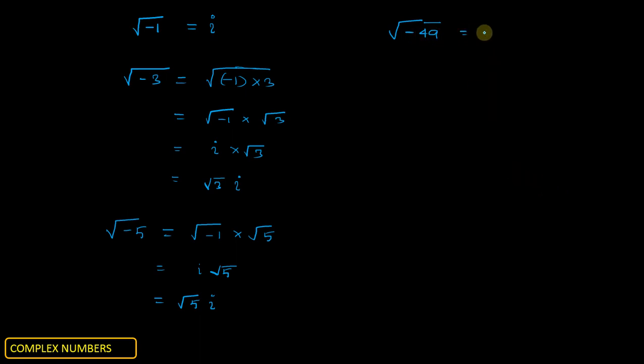So we can write it as the square root of -1 multiplied by 49, which is equal to the square root of -1 multiplied by the square root of 49, and the square root of -1 will be replaced by iota, so we have iota multiplied by the square root of 49, it is 7, so we have 7 iota.